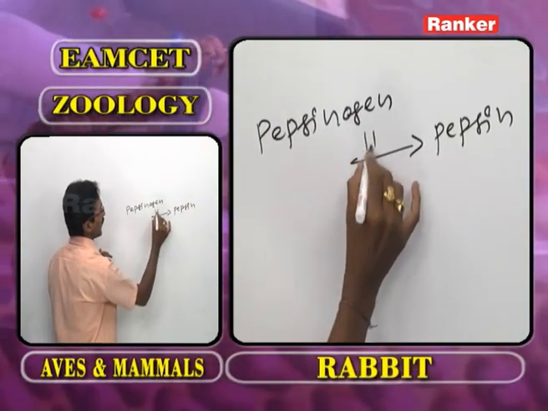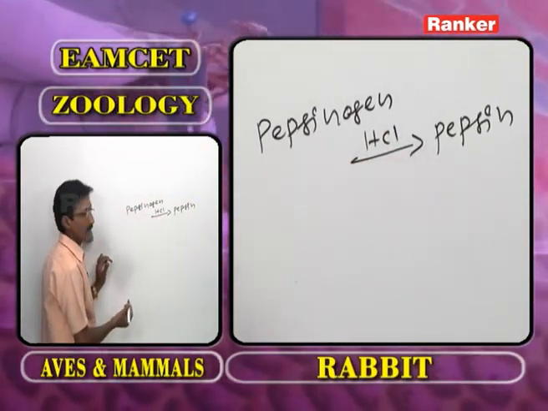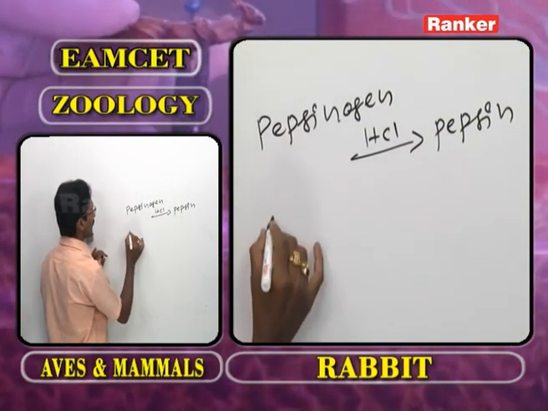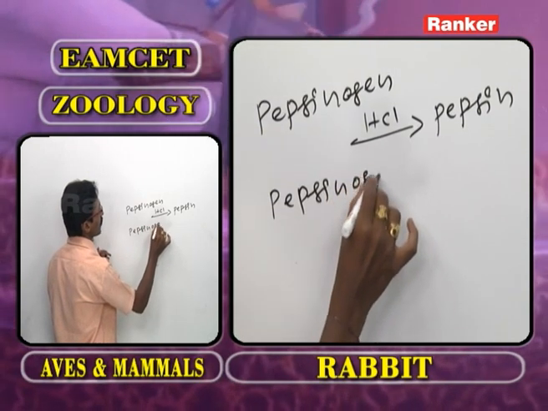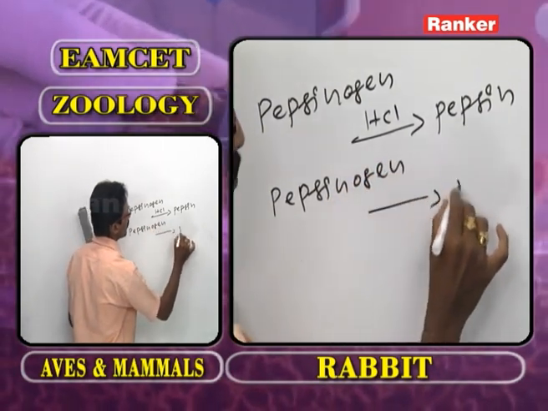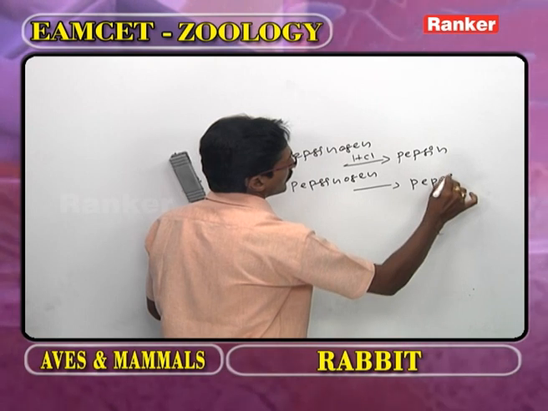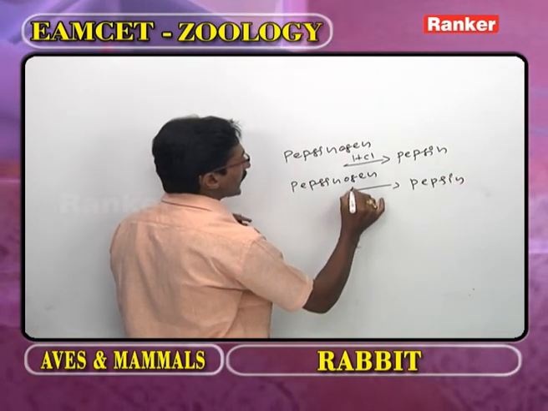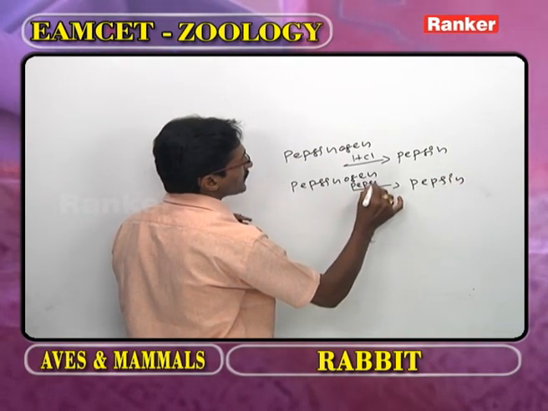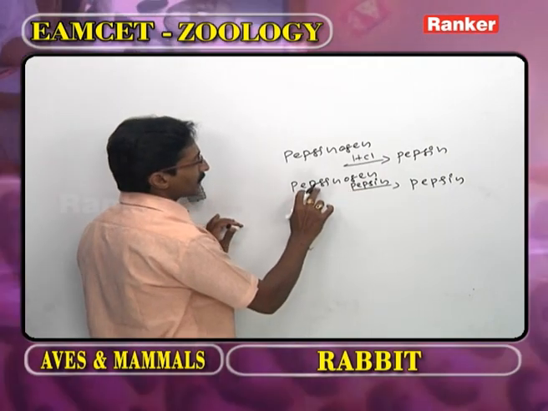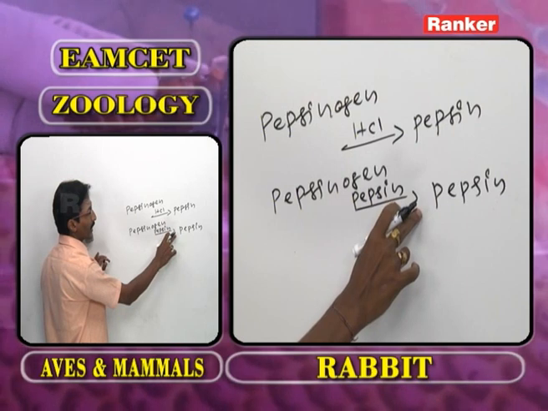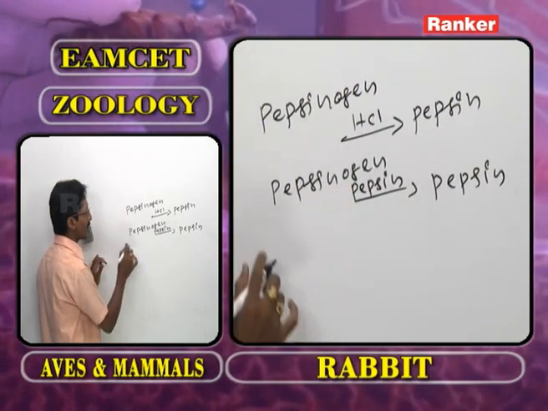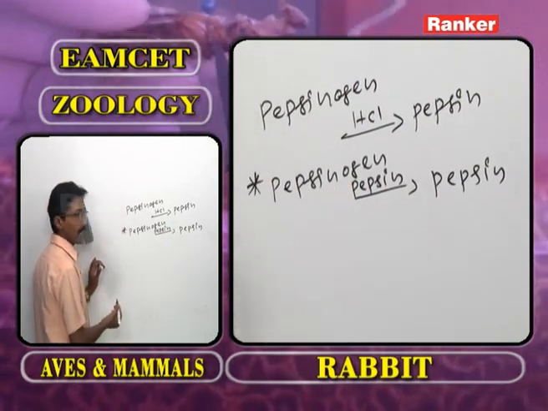Now here the activator is HCl. Now this pepsin converts the remaining pepsinogen into pepsin. Now here what is the activator? The pepsin. The process of conversion of pepsinogen into pepsin, that we call autocatalysis.